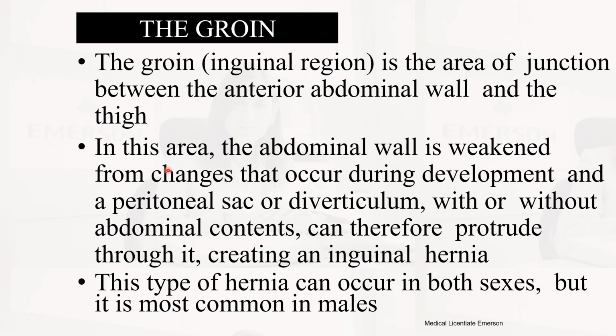Then we go to the groin. We have the inguinal region, which is the area of junction between the anterior abdominal wall and the thigh. In this area, the abdominal wall is weakened from changes that occur during development, and the peritoneal sac or diverticulum, with or without abdominal contents, can therefore protrude through it, creating an inguinal hernia.